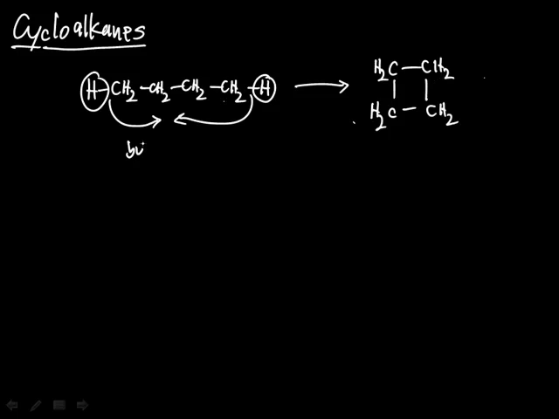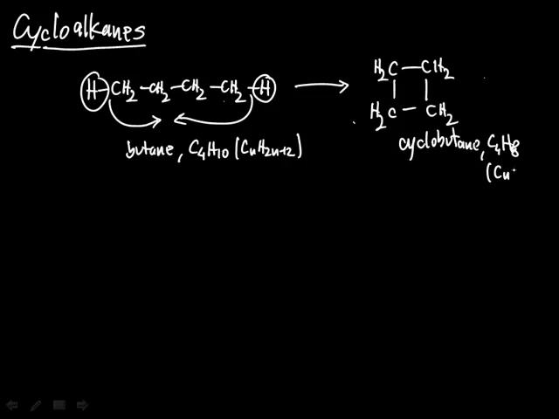So we would start from butane, the formula of which is C4H10. Remember, this is CnH2n+2. And we end up with cyclobutane, the formula of which is C4H8, and again this corresponds to CnH2n.